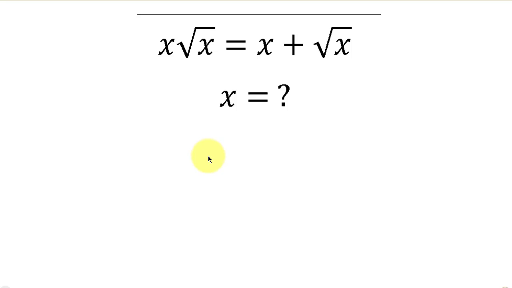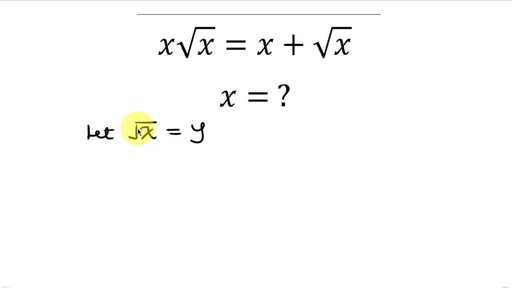Let's solve this math question that says find the values of x for which x times the square root of x is equal to x plus the square root of x. Well, since we have the square root of x here and the square root of x here, all we have to do is to introduce substitution by saying let the square root of x be equal to y.